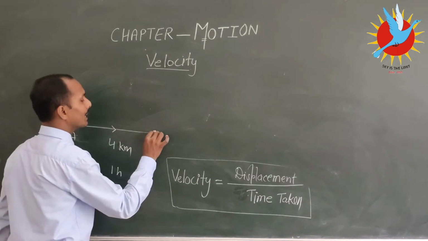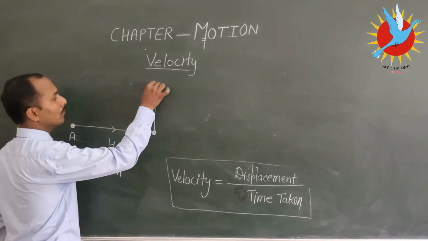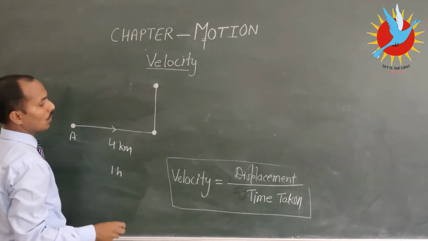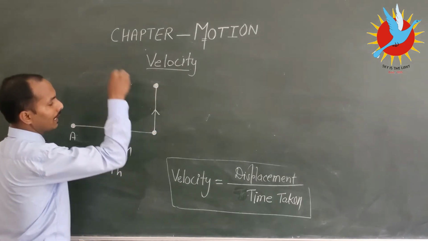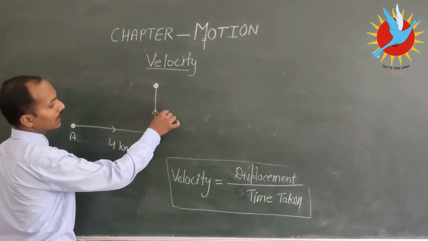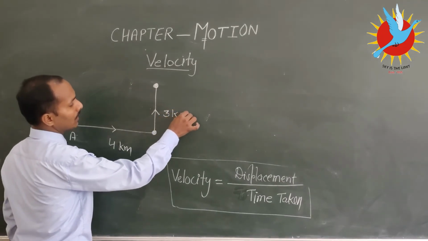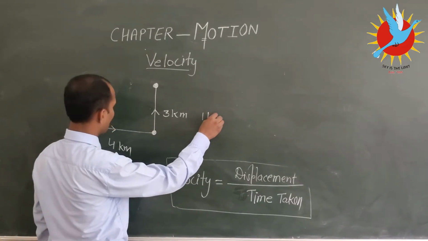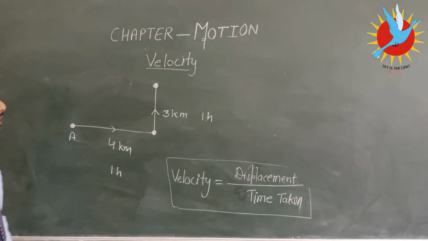After that, the person turns towards north and moves 3 kilometer, again in 1 hour.